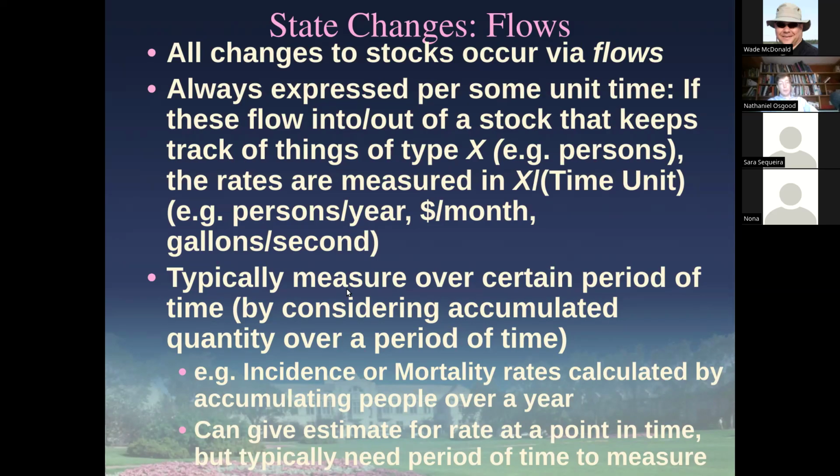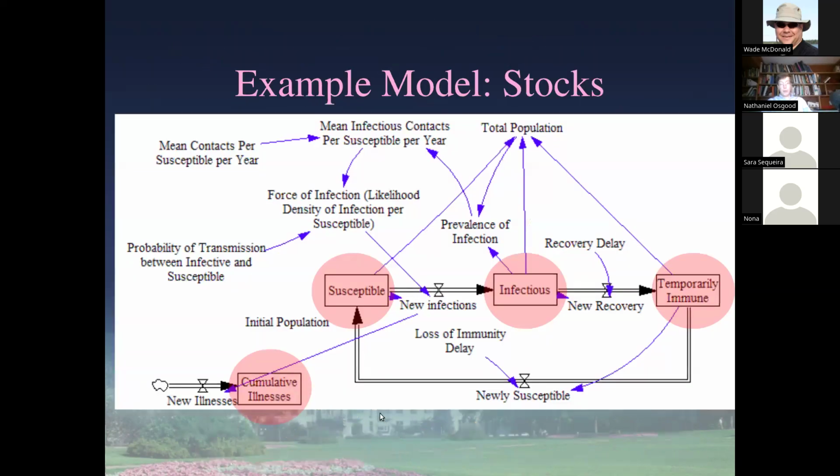But flows themselves are generally dependent on stocks, right? So the number of new infections within this model will in general depend on the number of susceptibles and the number of infectives. It takes two to tango. If there's not an infective, you could have all the susceptibles in the world and there won't be new infections. If there's lots of infectious people but no susceptibles, there won't be any either. The value of the flow in general will be driven by the values of stocks.